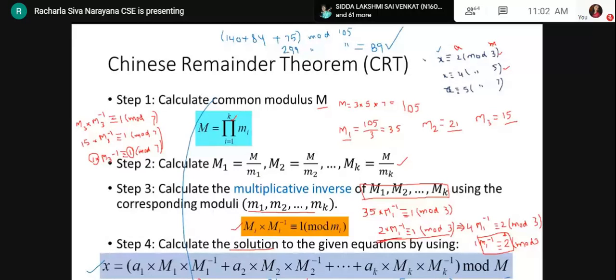So this statement is true. 89 congruent mod 5: 17 into 5 is 85, the remainder is 4, so this is true. And 89 mod 7: 12 into 7 is 84, the remainder is 5. So all the statements are true. So the x value is 89.